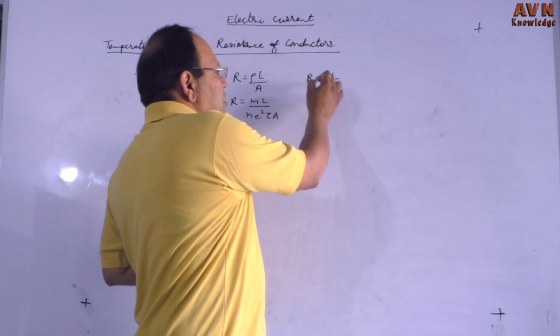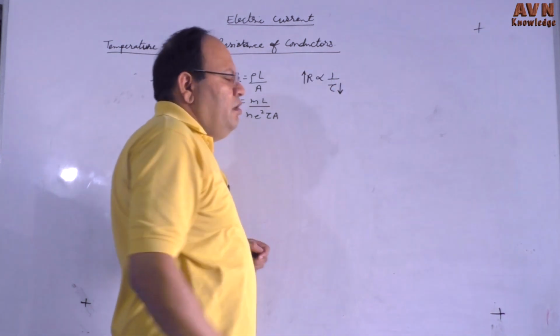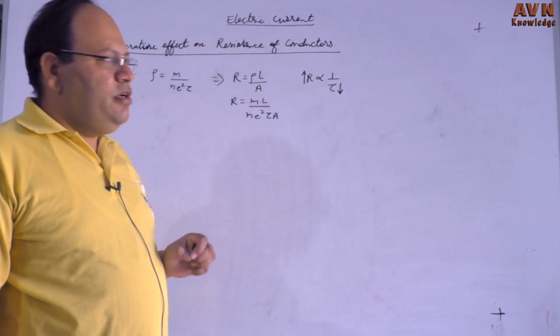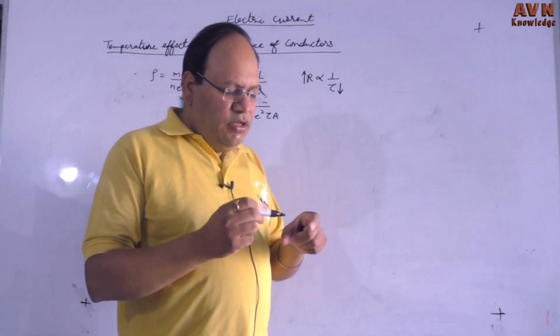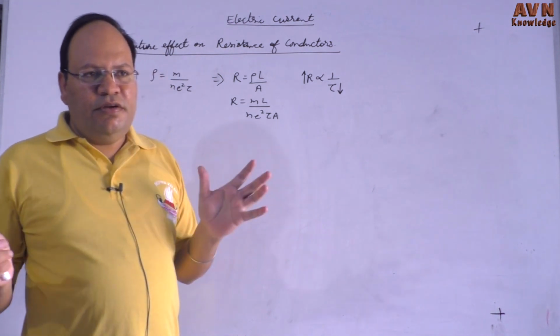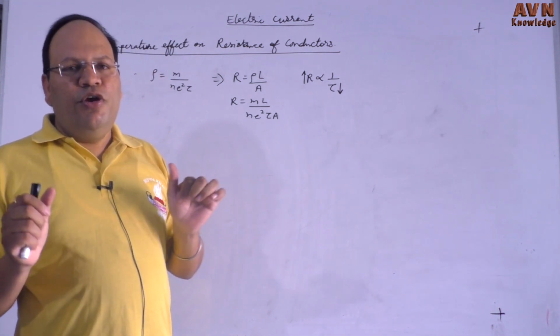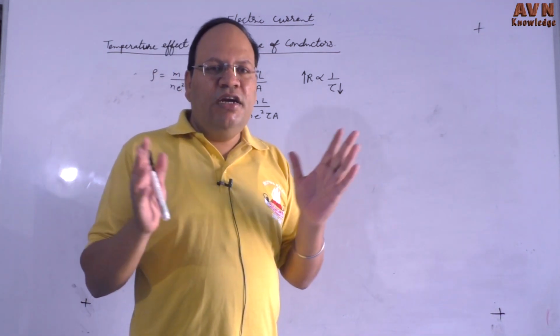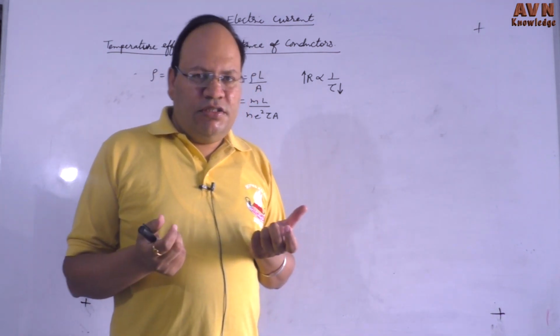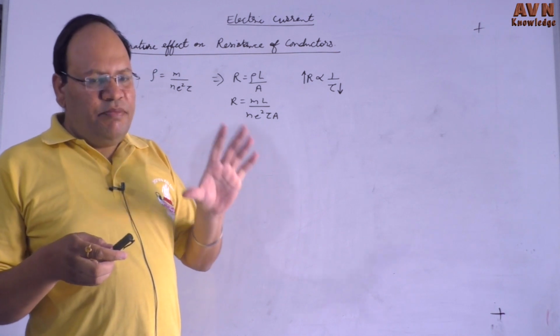When we increase the temperature, tau bar will decrease. It means when we increase the temperature of a conductor, the molecules of the conductor move very fast and the timing will decrease.